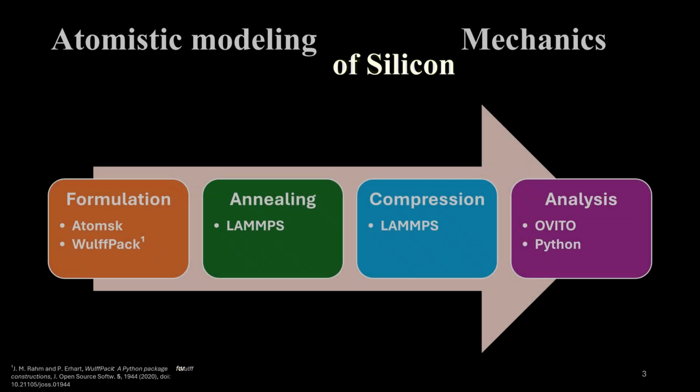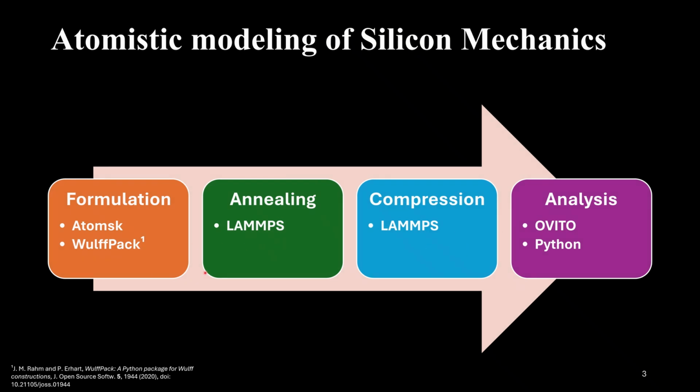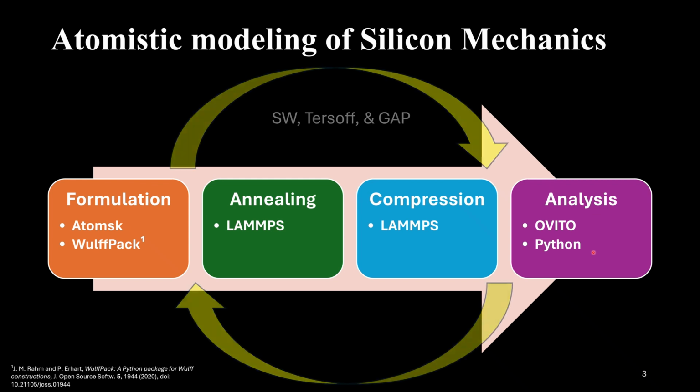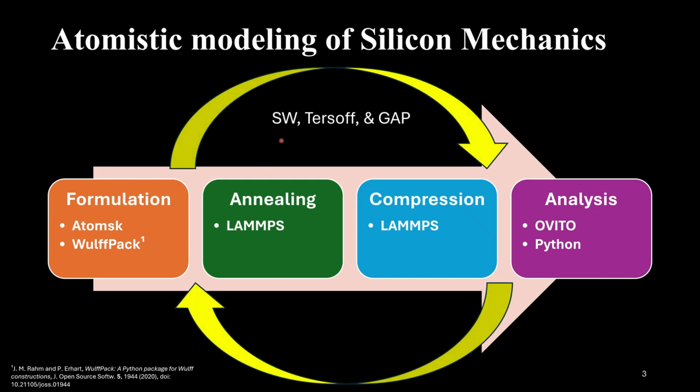Now, to do this, we follow a simple four-step workflow, where first we make the shape using Atomsk and or this Python package called wolfpack, and then anneal it to generate this realistic free surface using LAMMPS, and then compress it uniaxially along the z direction, also using LAMMPS, and then analyze these results and provide meaningful conclusions using OVITO and Python. And we repeat this process 3 times, once for SW, once for Tersoff, and once for GAP, so we can directly compare their results and their predictions.